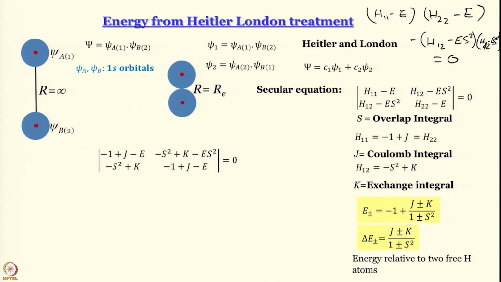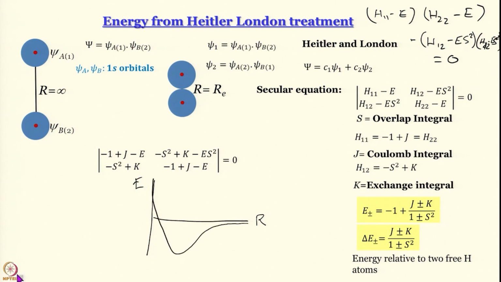And once again, since my scanner broke down, I am going to draw the same kind of diagram here, not exactly the same, some difference will be there. Sorry about the poor quality of drawing. So, I am plotting this energy E as a function of capital R. For E plus, the variation is something like this.